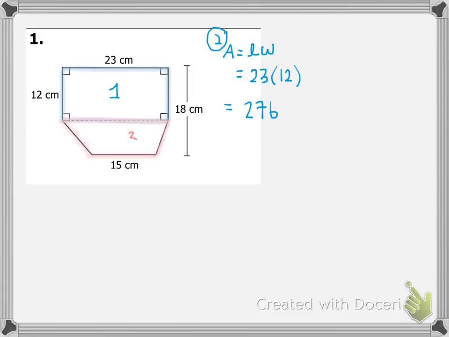Well, for a trapezoid, I need to have two bases. Well, I know this is 23 centimeters, so there I've got my two bases. Now I need to find the height. I know that this distance right here is 12, so 18 minus 12 will give me a 6. So this height right here is going to be 6 centimeters.